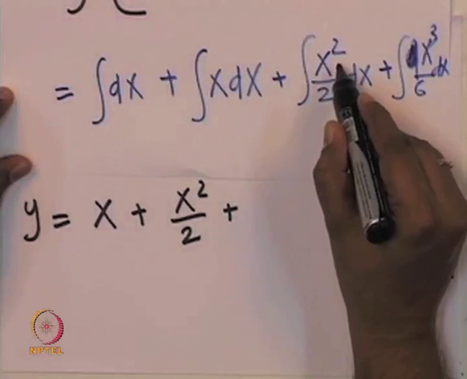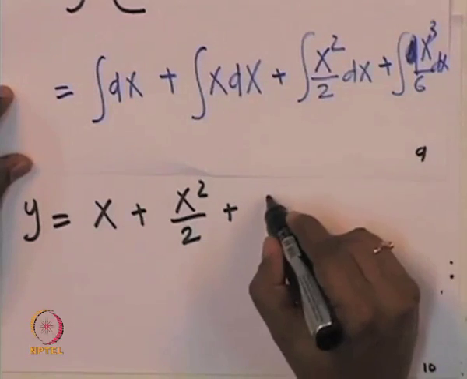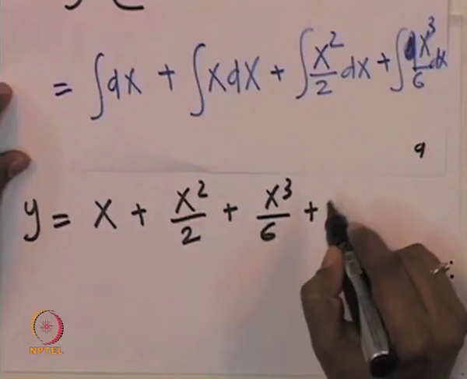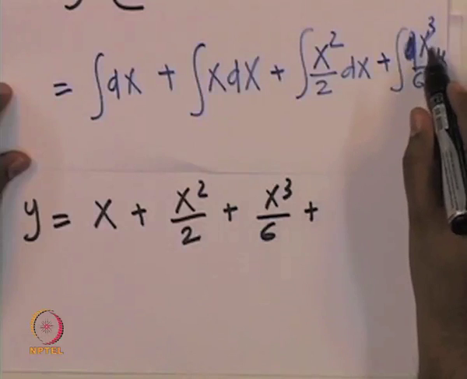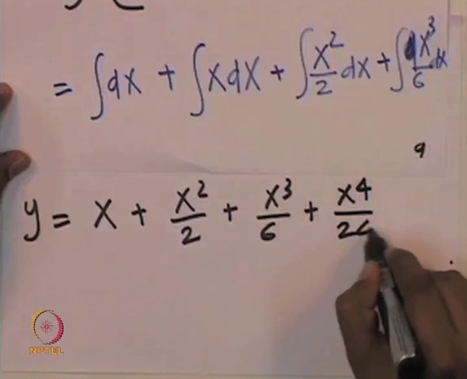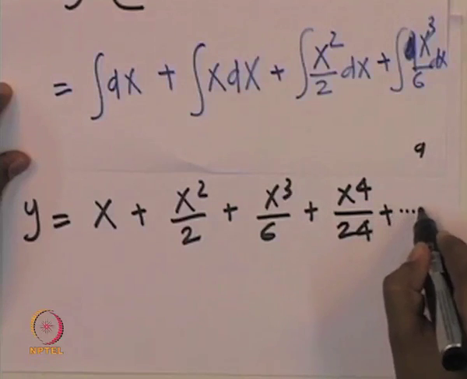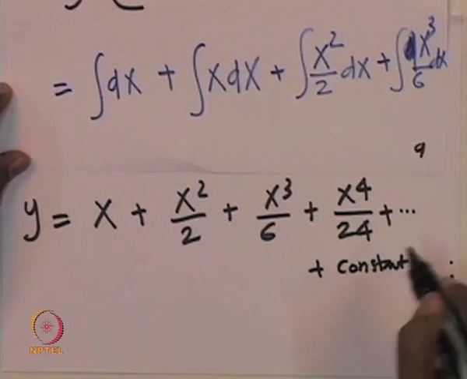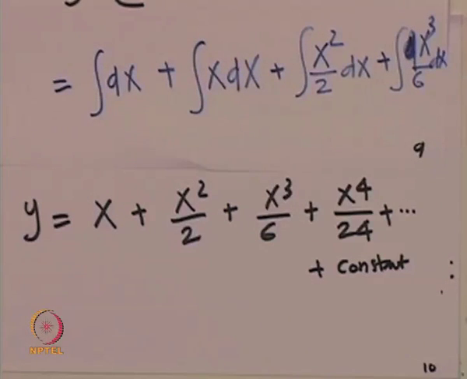The integral of x square is x cube by 3, and 3 into 2 will become 6, so x cube by 6. Then x power 4 by 4 into 6, which is 24, plus a constant. So, this is the answer you will get.